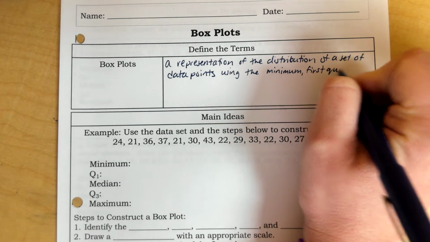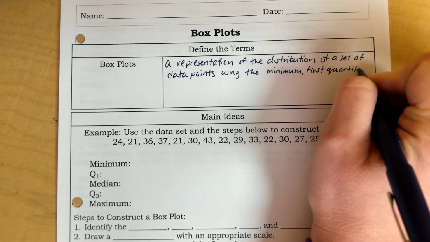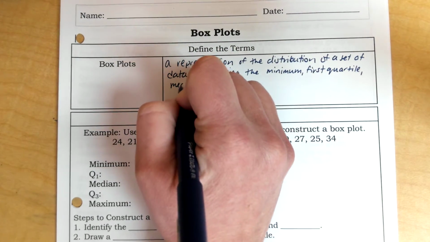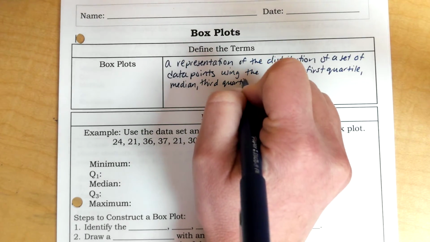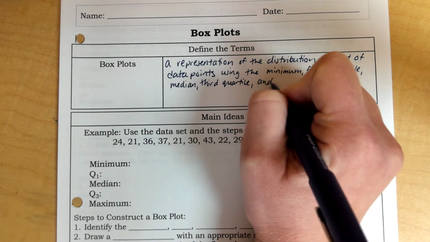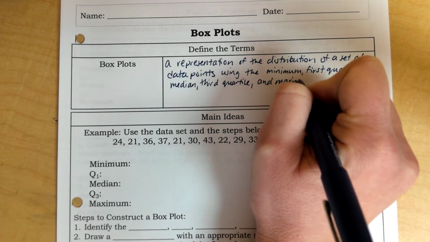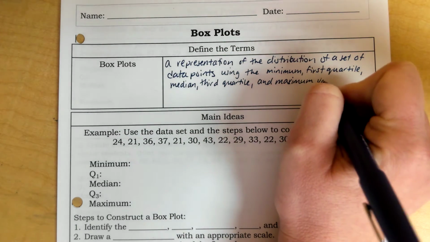Sometimes that first quartile is called the lower quartile value, median, third quartile, which is sometimes called the upper quartile, and maximum values.